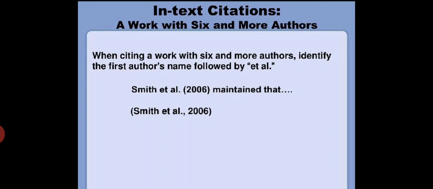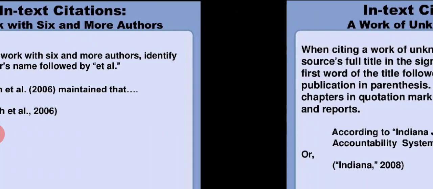You would use only the name of the first author, like Smith, and then et al., and the year of publication, like 2006. You can write Smith et al., 2006 at the end of your quotation.